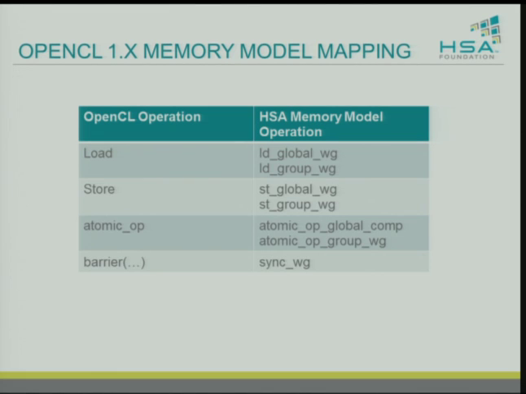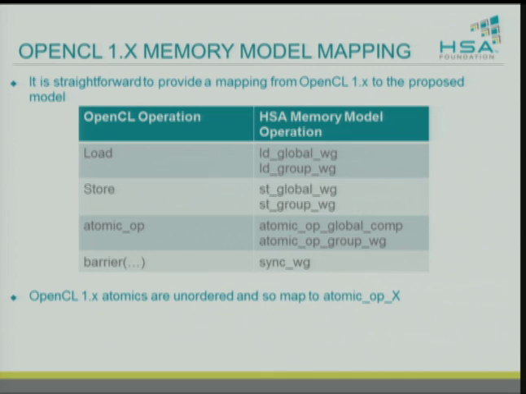It's actually tricky and debatable whether you can define that explicitly in OpenCL today, but you can do it. And OpenCL has a barrier operation which allows work items to wait for other work items in the same work group, and HSA has a similar thing, where you define the scope to be work group. So it's a fairly straightforward mapping.